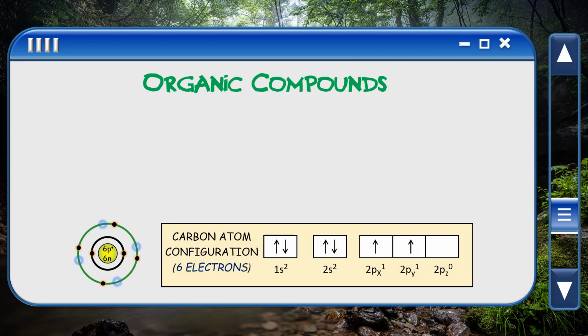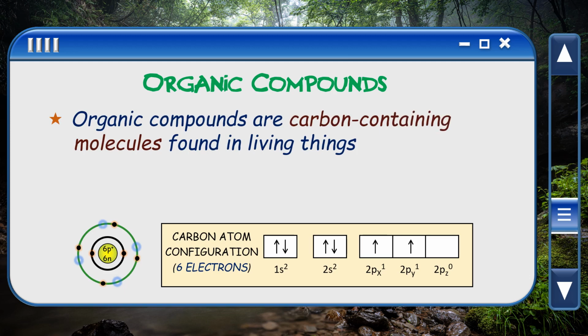Organic compounds. Now, organic compounds are carbon-containing molecules found in living organisms or living things. What we call organic compounds, these are carbon-containing molecules that are found in living things.